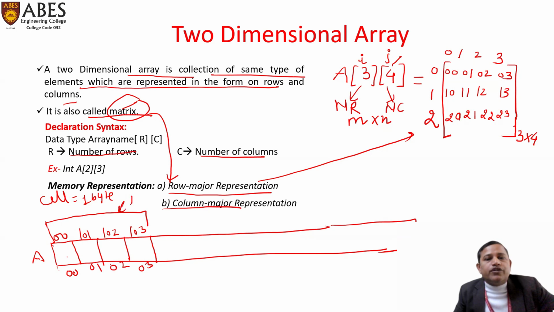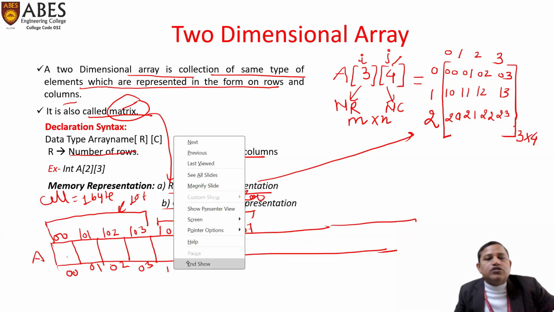The second row starts with addresses 104, 105, 106 and 107. Again 4 elements in the second row, with indexes starting 1,0.